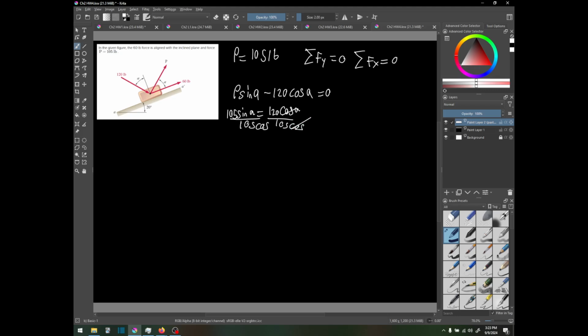So cosine cancels, and then 105 cancels. Now we're left with sine A over cosine A is 120 over 105.